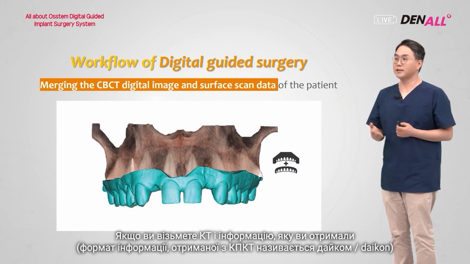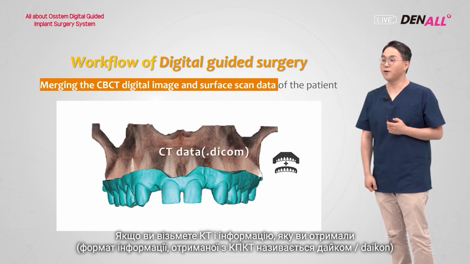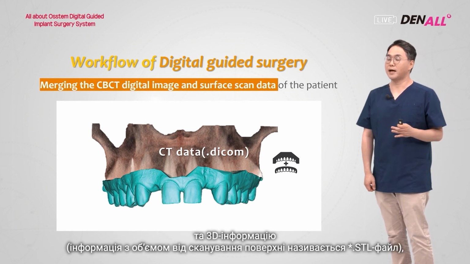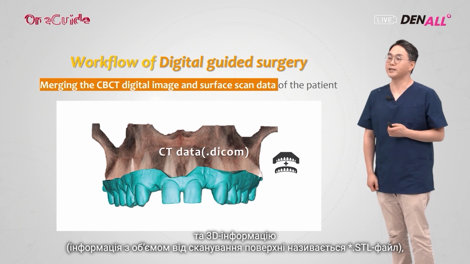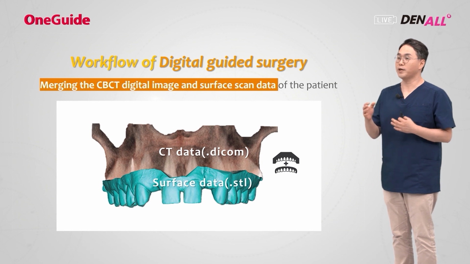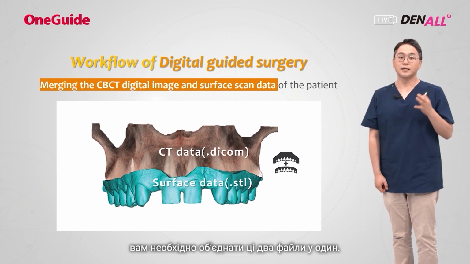If you take a CT, the extension of the actual data gained from CBCT is called DICOM, and the 3D data with volume from surface scanning is called an STL file. So you need to merge the two different files into one.